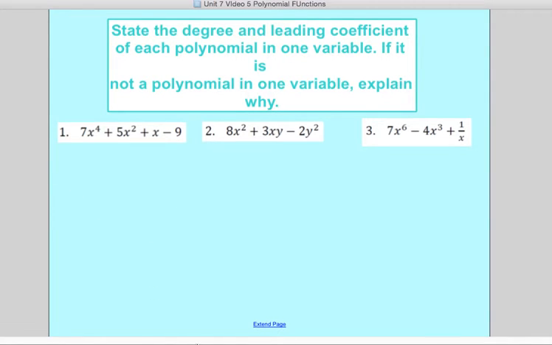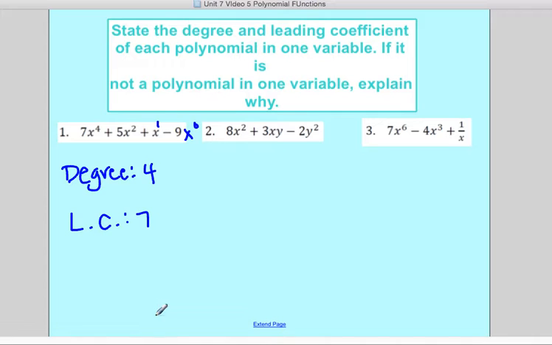No fractions here, so we are set. So the degree is the highest exponent. This is x to the first, this is really x to the 0, so I have 0, 1, 2, and 4, so the degree is 4. Then my leading coefficient is, if my highest degree is x to the 4th, the number in front, so my leading coefficient is 7.